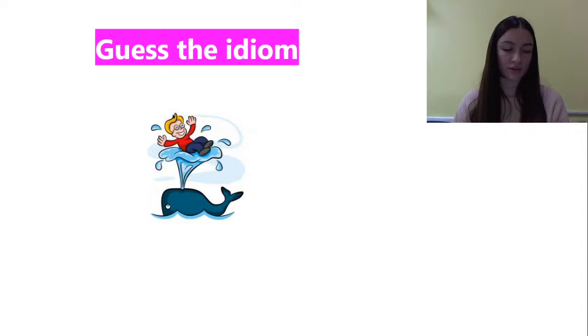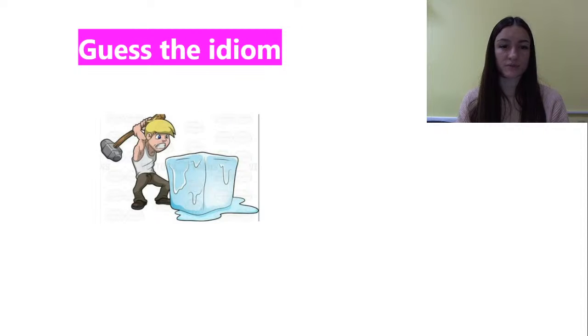Right, Yegor? Very good. Yes, David, that's right. Yes, Tanya. The whole phrase is to have a whale of a time. Have a whale of a time. Enjoy yourself a lot.